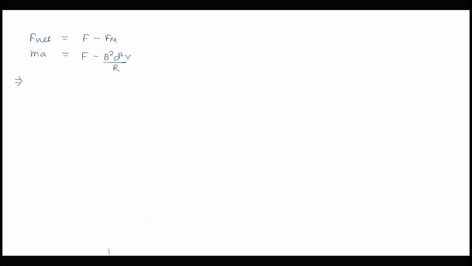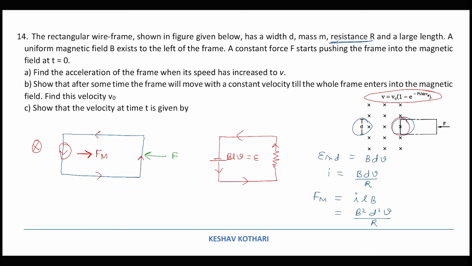So from here the value of acceleration can be calculated as (RF minus B square d square v) upon mR. So this is the value of acceleration for this particular problem. The problem is stating find the acceleration of the frame when its speed has increased to v. So this is the first part which we have calculated.